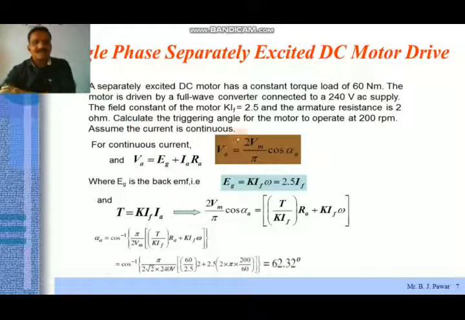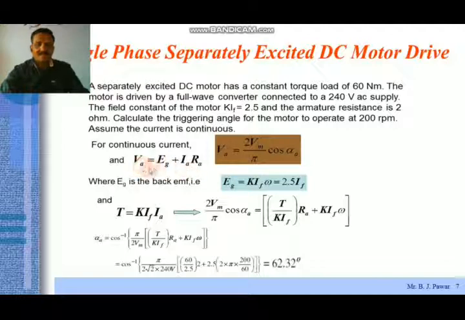So for continuous current mode, and as the converter is a full wave converter, we already discussed its output voltage, that is VO equals twice Vm by pi cos of alpha. Now as that converter is connected to the armature side, VO is replaced by VA equals twice Vm by pi cos of alpha A, the firing angle of the thyristors connected to the armature winding.